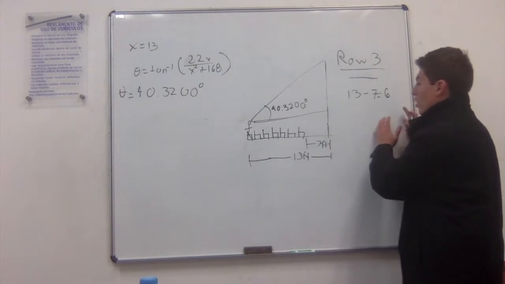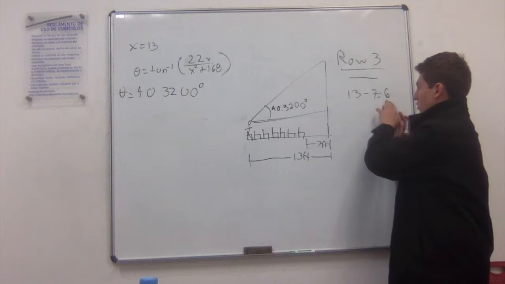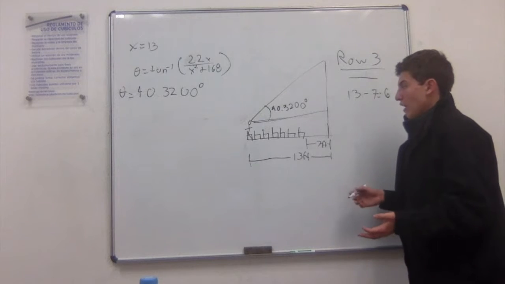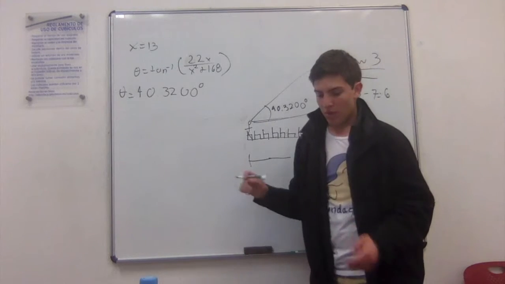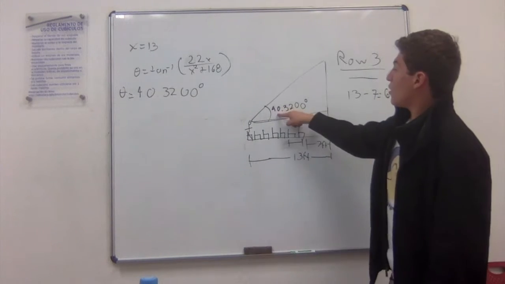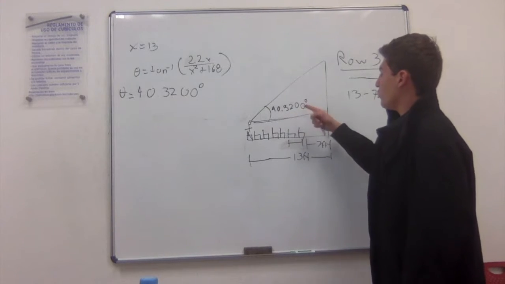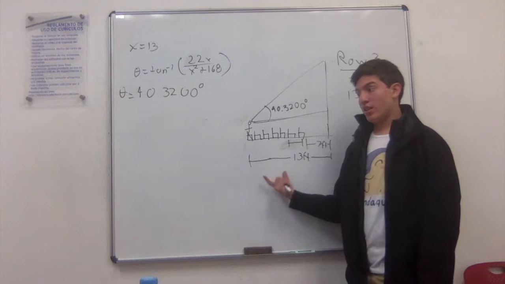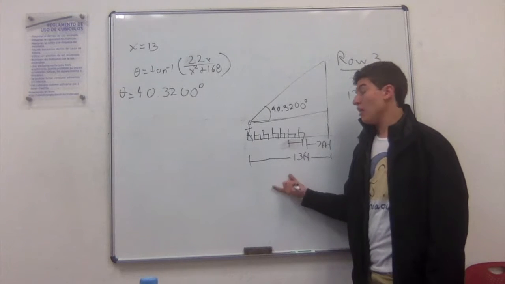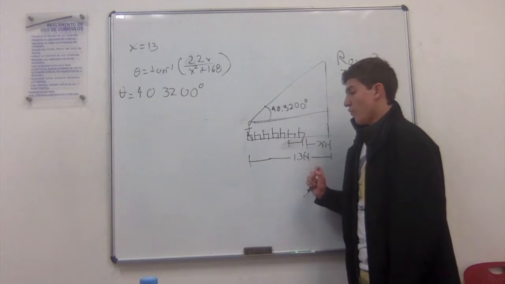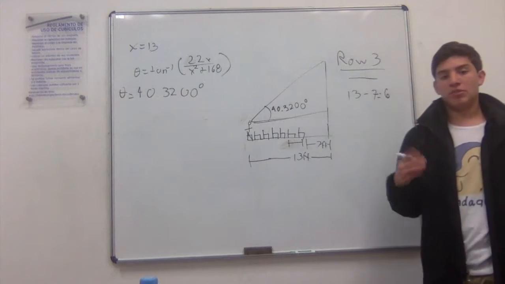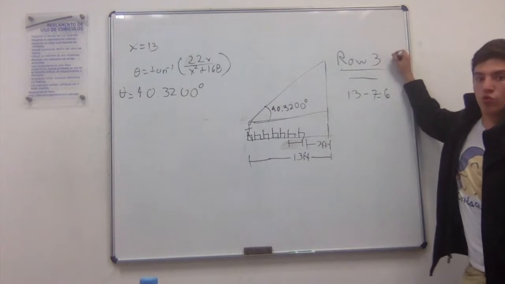So in this case, we only have 6 feet free, and the best distance x is equal to 30 feet. So the best row is the row 3.